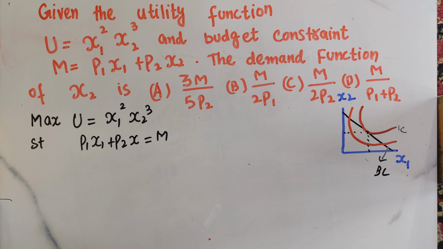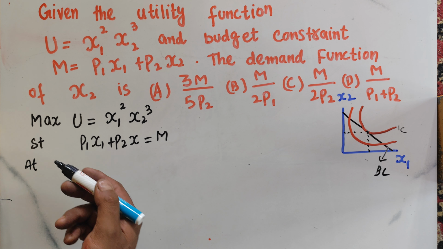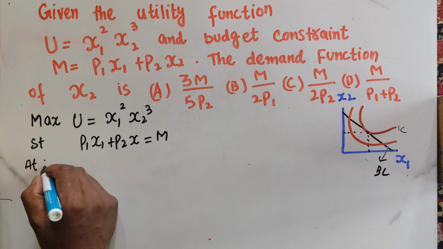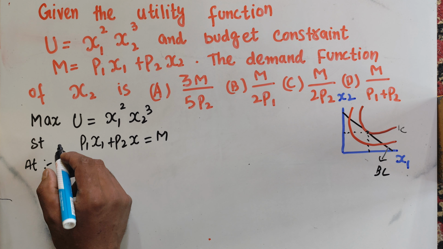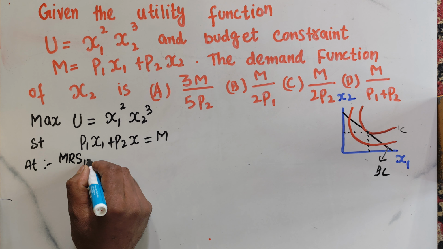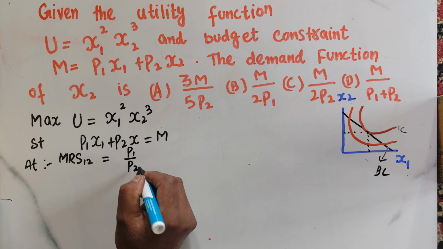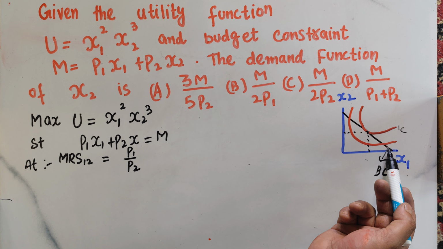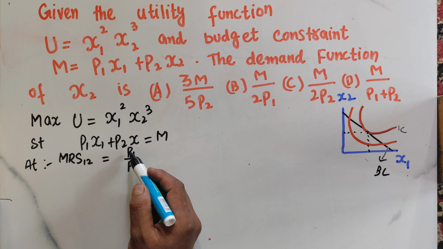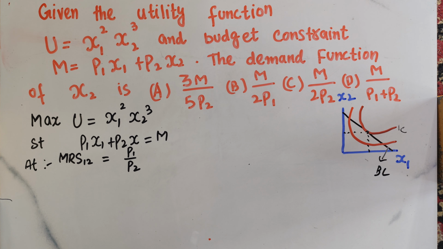We know that at equilibrium, or at utility maximization, this condition must hold: MRS of good 1 and 2 should be equal to the ratio of the prices P1 upon P2. MRS is the slope of the indifference curve, and P1 upon P2 is the ratio of the prices, which denotes the slope of the budget line.